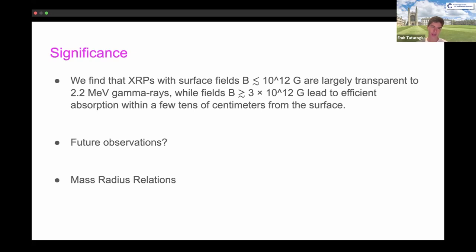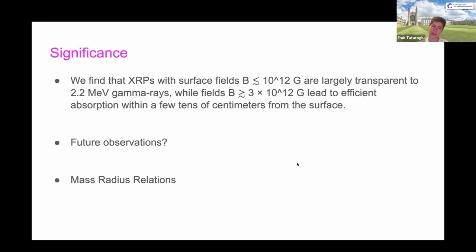And so the idea is that the observations could verify these findings, which would be great, because this helps us, at a level I don't fully understand, better quantify neutron star mass-radius relations, which are, as you can probably guess, the proportional relations between the mass and the radius of a neutron star.